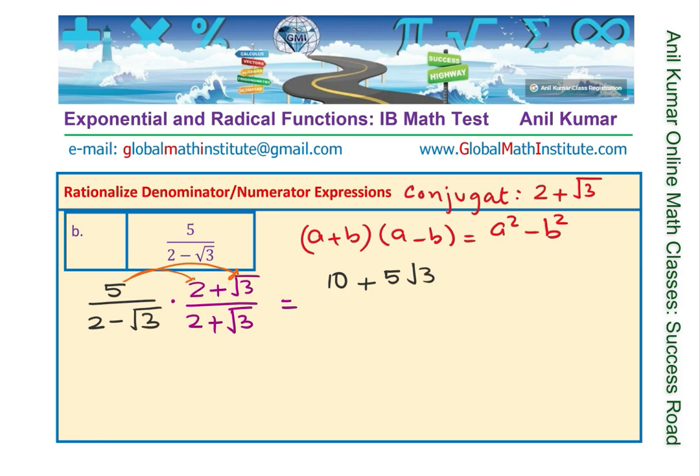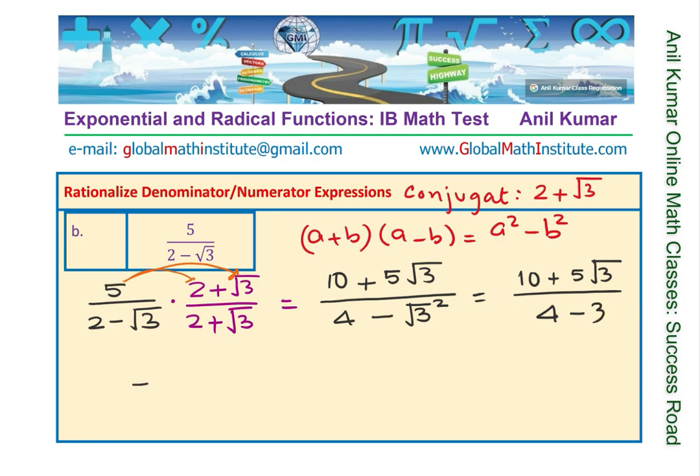That becomes the numerator, and in the denominator, we have the difference of squares, which is 4 minus square root 3 squared. Square root 3 squared is 3. I'm doing some additional steps here only to explain the whole process. So it is 4 minus 3, which is 1, and therefore I can write this as 10 plus 5 square root 3. Makes sense?